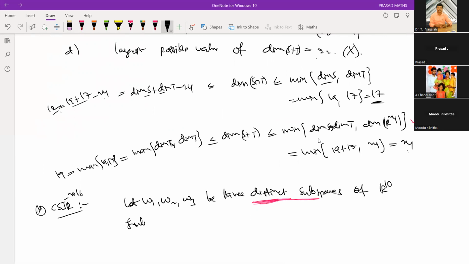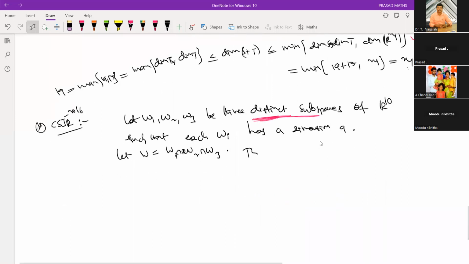So subspaces of R^10 such that each W_i has dimension 9. Let W equal W1 intersection W2 intersection W3. Which of the following is true?